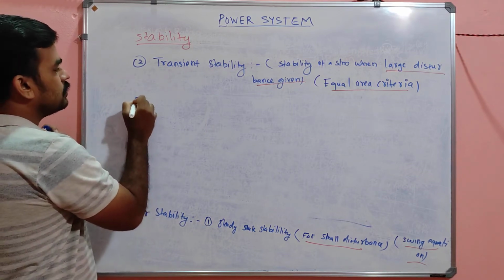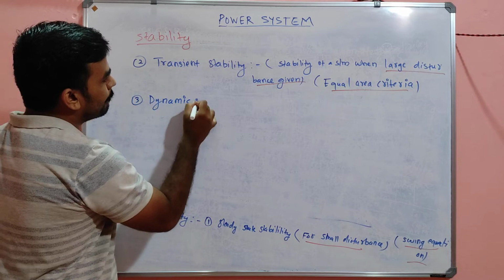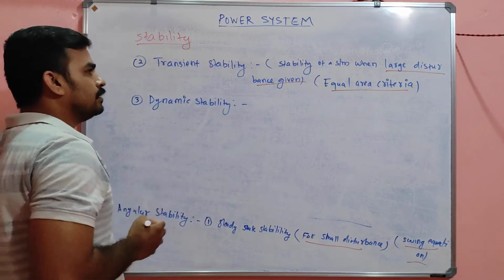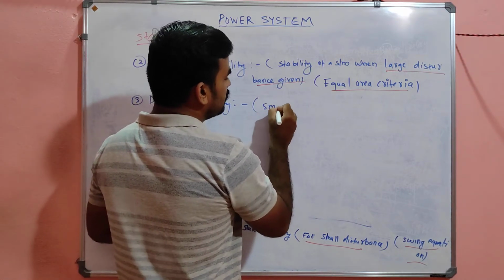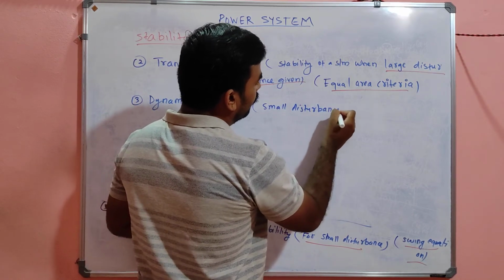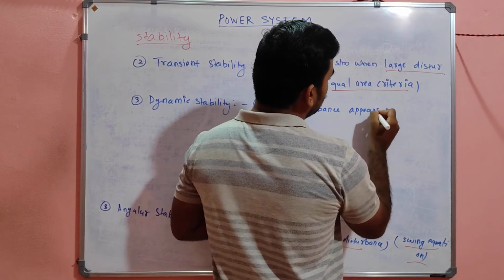And the third one is dynamic stability. This stability is, my dear, when a small disturbance appears periodically.